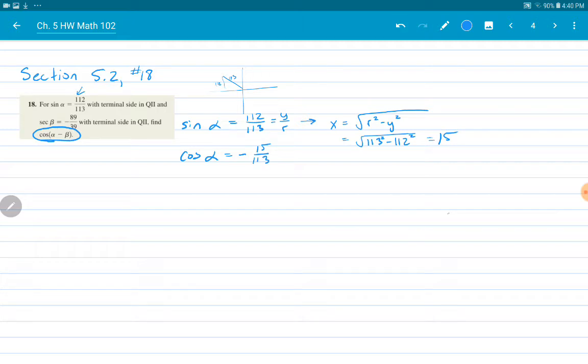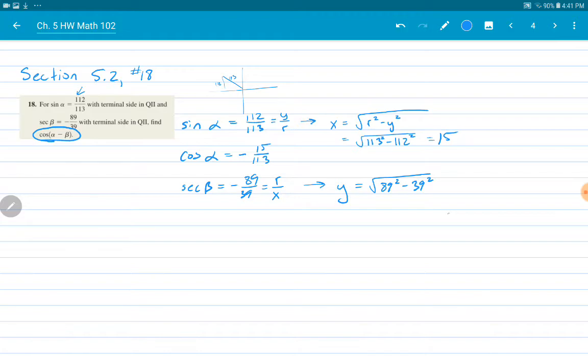And I also need to find sine of beta and cosine of beta. I'm given secant of beta is negative 89 over 39. Secant is r over x. So I have x and I have r, but I need to find y. Using that same formula, except changing the y for the x, I have the square root of r squared minus x squared, which gives me 89 squared minus 39 squared.